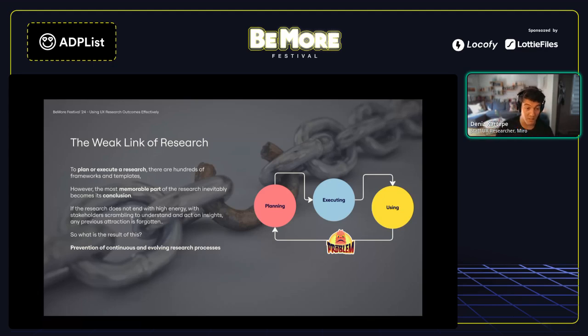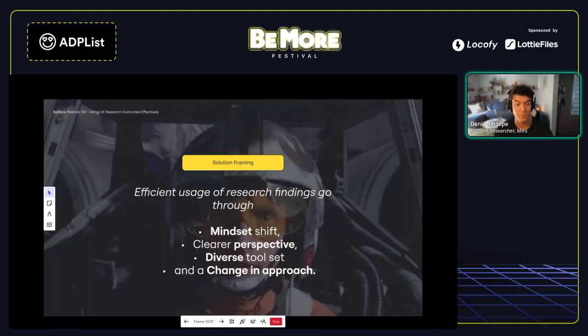And the end result is prevention of continuous and evolving research processes. And that is what we want to get, because this is like a flywheel. Once we start this off and we see cycles evolving, getting better with iterations, every single research is building on top of another, and every next one is even more exciting, then that is how we become user-centric in a company. So that is right now being prevented, and we want to see how that can be reversed.